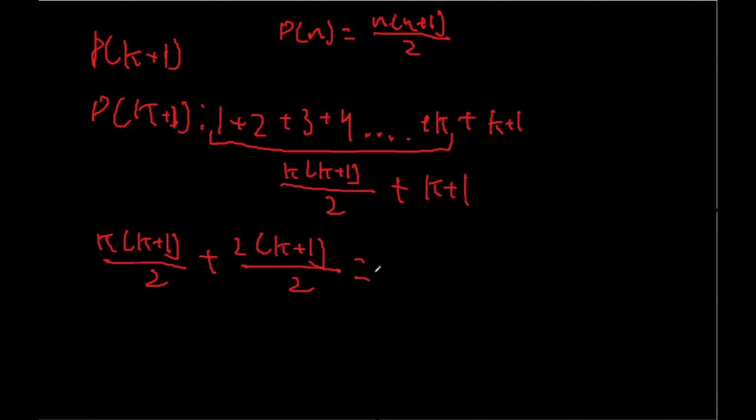And this will simplify, and since we have two k plus 1s, this will change into k plus 2 times k plus 1. The k plus 1 was something that we factored out, over 2.